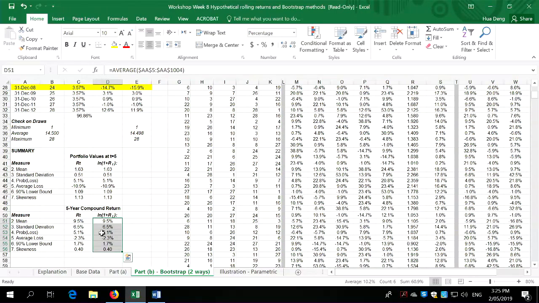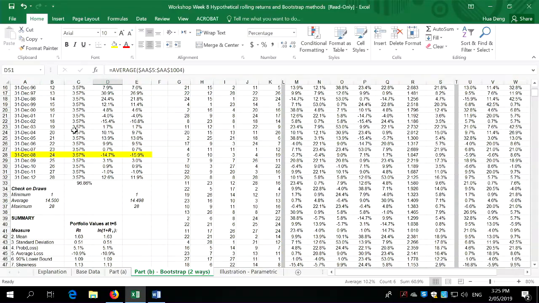It doesn't mean that the future returns are going to be realized in this way. Your job is to have the asset allocation that will help the clients to meet their objectives and constraints at the best chance. It's not a requirement that you have to hit the target. So that's one way of doing the bootstrap on the portfolio level.